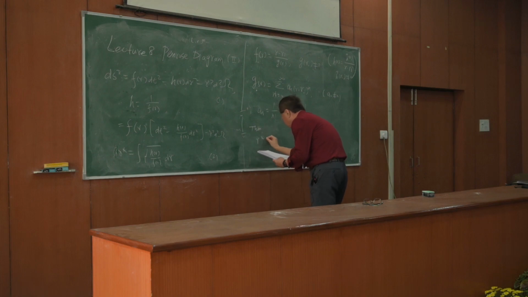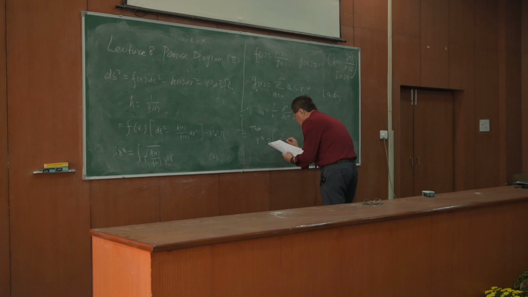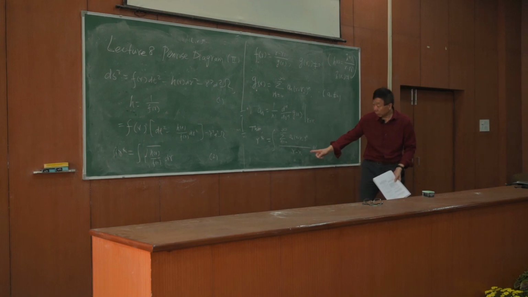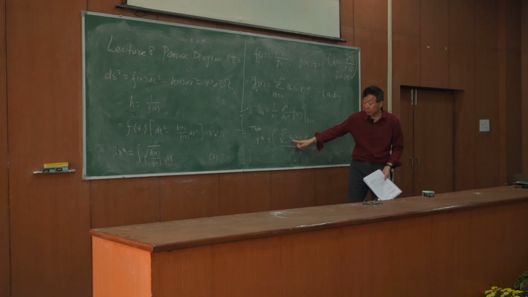So R star will equal sigma n equals 0 to infinity A n R minus R A to the n, times dr over R minus R A. You see here, if n equals 0, I have 1 over R minus R I, so that gives me a log.